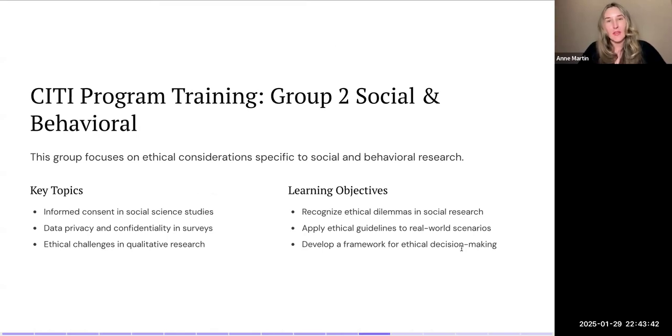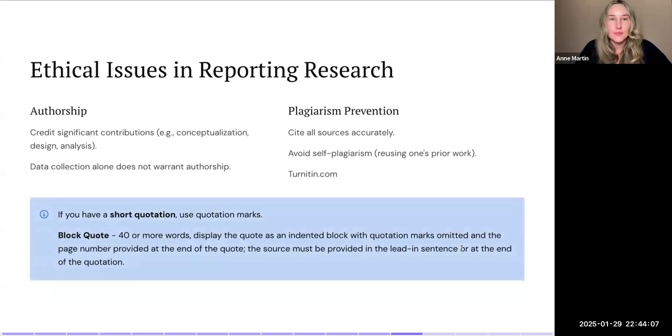So it talks about some ethical dilemmas in research with participants, talks about the history of research ethics and some of the major cases that led to the principles that we have today, and helps you apply them to real world scenarios, and also some decision making, especially in cases involving vulnerable groups like children or prisoners.